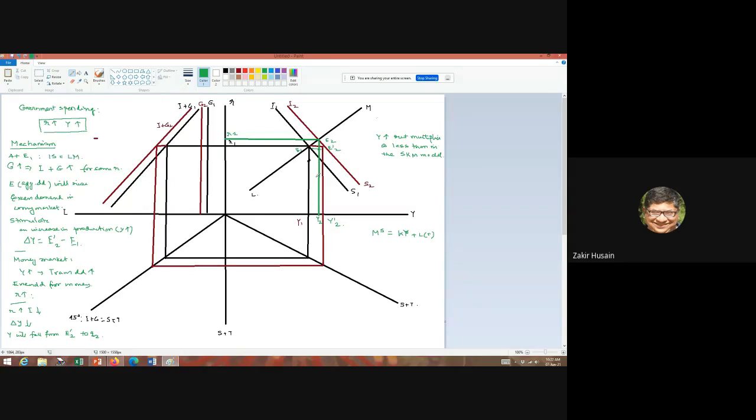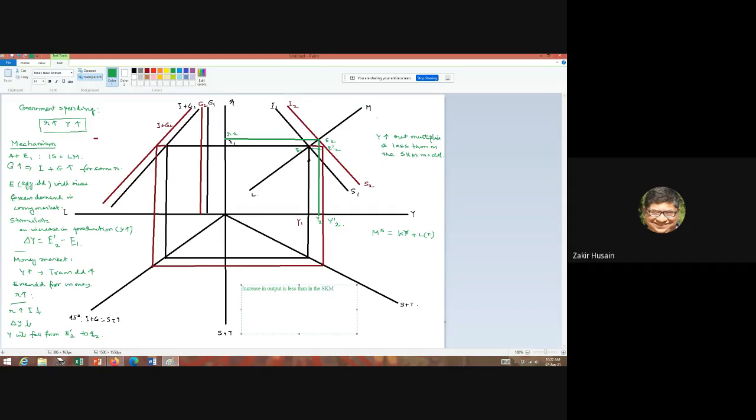The first point that we want to make is that the increase in output is less than in the simple Keynesian model.